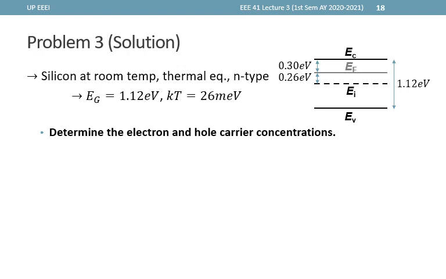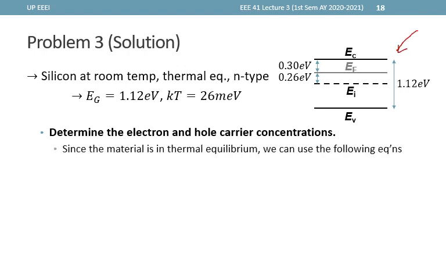So next, determine the electron and hole carrier concentrations. Now that we have drawn the energy band diagram, we can use this to solve for N and P, since the material is in thermal equilibrium, and we have already proven that it is a non-degenerately doped semiconductor.